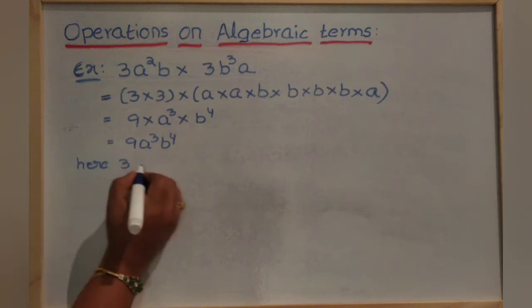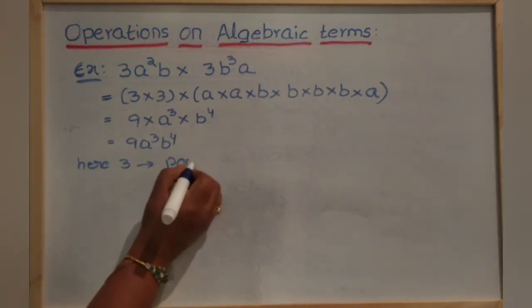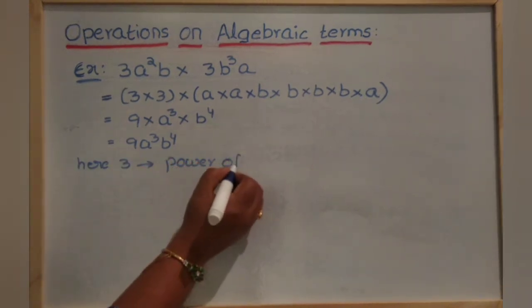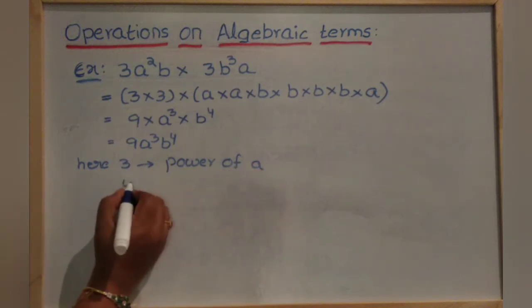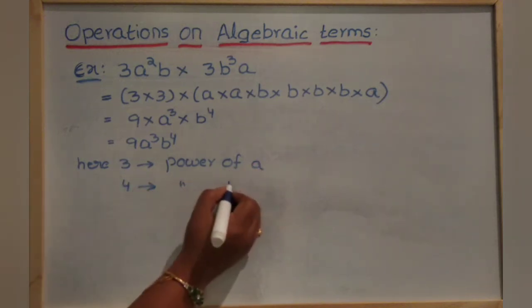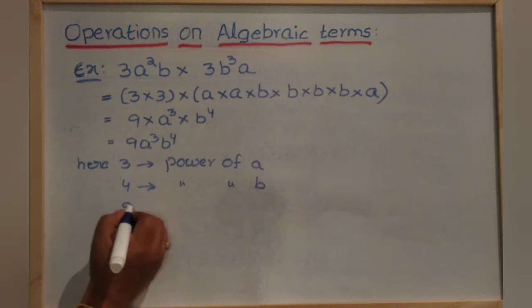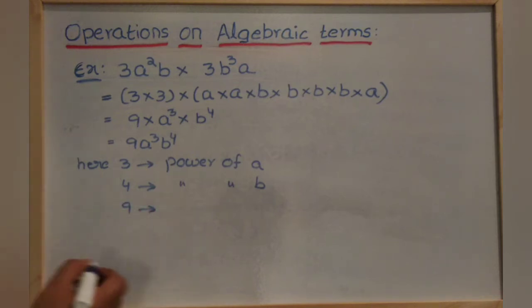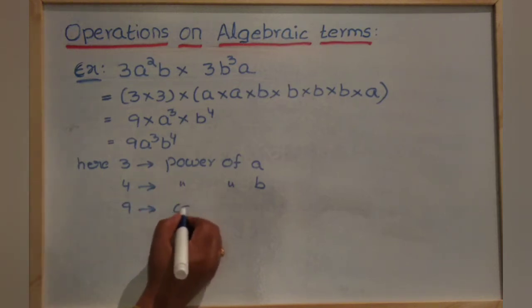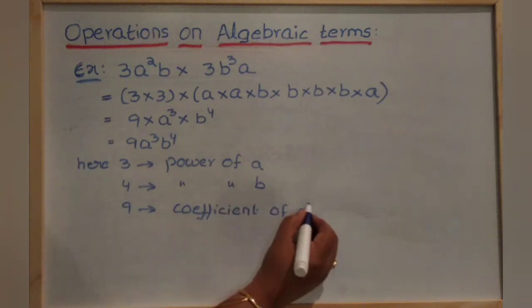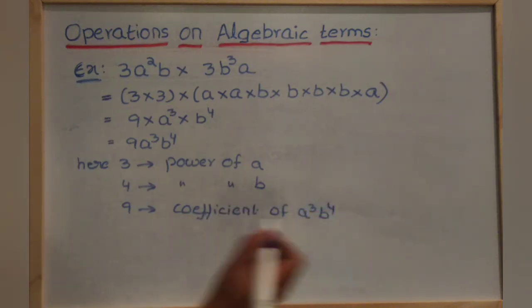Here 3 is the power of a, 4 is the power of b, and 9 is the coefficient of a cube b to the power 4.